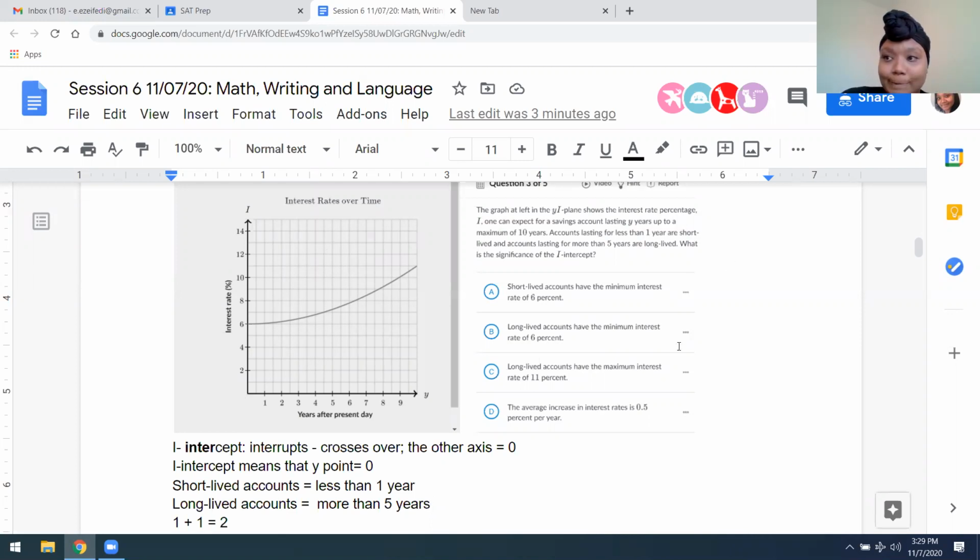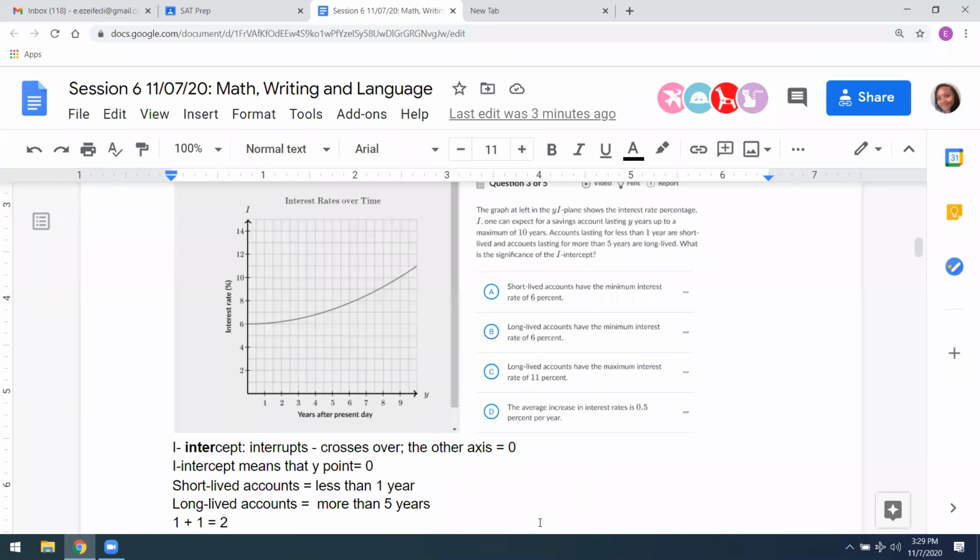I seen that it said what is the significance of the I intercept, and then I seen it was at 6 on the graph, and then I looked at the answer choices. I seen A and B both said 6, so I thought it was either one of those.